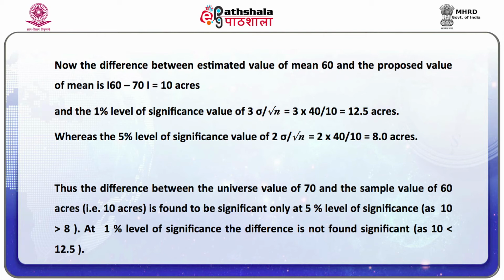Thus, the difference between the universe value of 70 and the sample value of 60 is found to be significant only at 5% level of significance, as 10 is greater than 8. At 1% level of significance, the difference is found to be not significant, as 10 is less than 12.5.